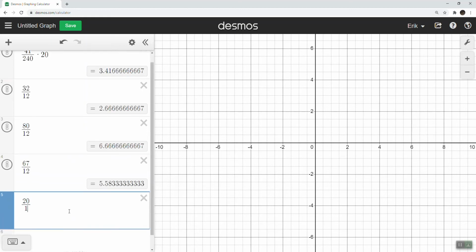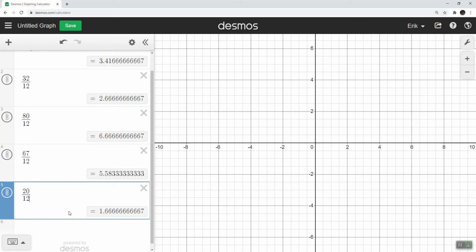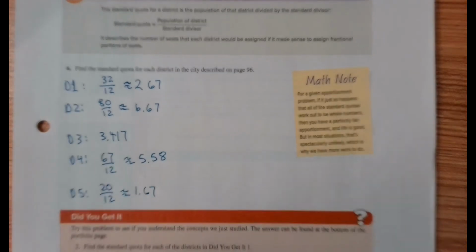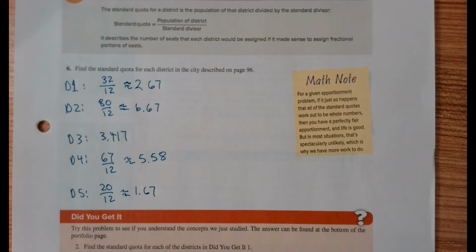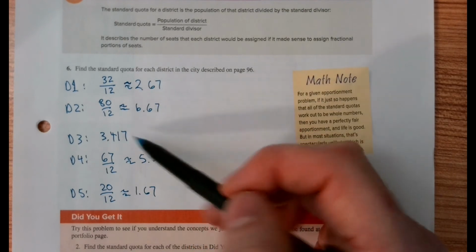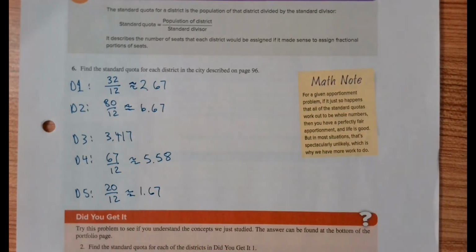All right, and finally 20 divided by 12, that is approximately 1.67. So we found each of the standard quotas for all of the districts. So we know almost how many each district should get. Note again, all of these have fractional parts because of those decimals.